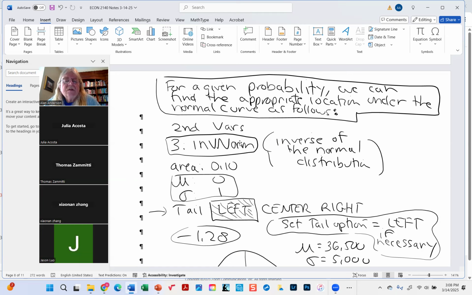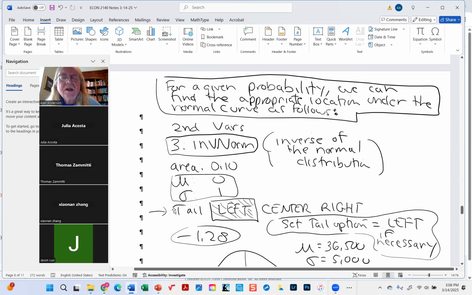Wow. Now this one is a little different. And before we go any further, I just want to point out that not all the TI-84s are identical to each other. What I need you to do is look at your screen and see if you have area, the mean, the standard deviation, and this last part called tail.